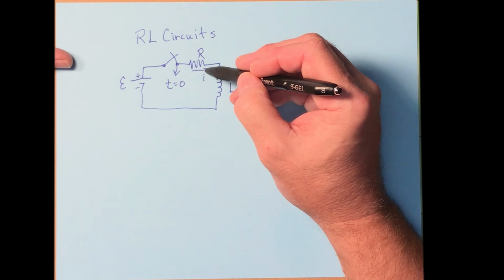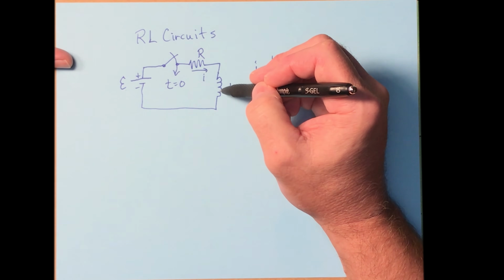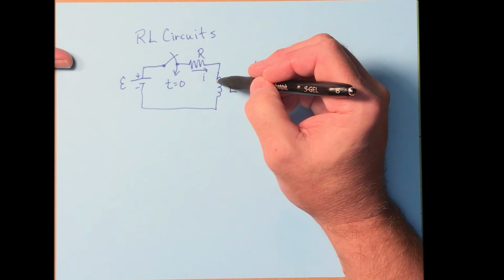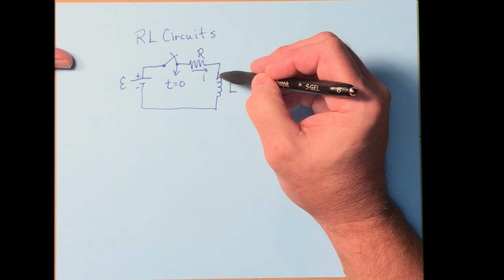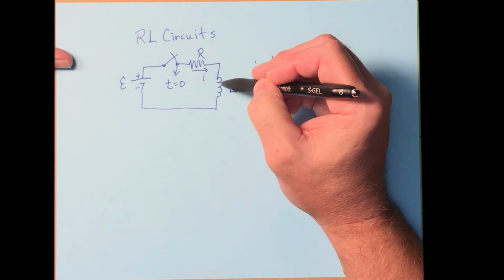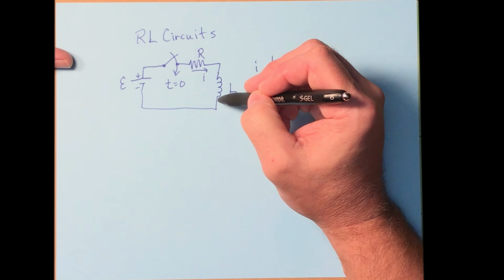So initially, when the current comes along here, it's not going to be able to get through the inductor. Eventually, though, the back EMF dies down because the rate of current change is going to slowly decay. And then the current is able to go through.